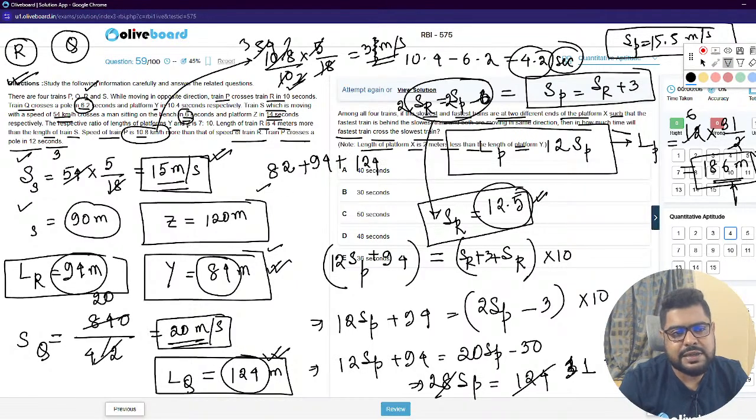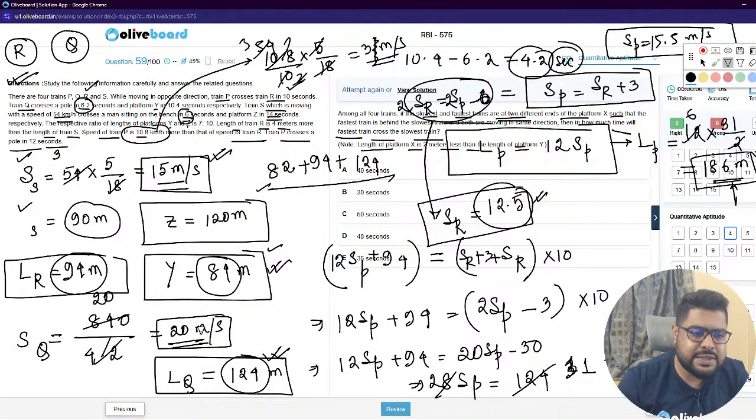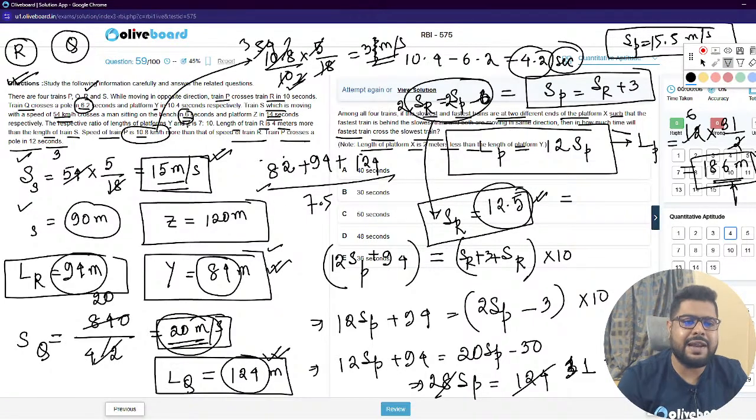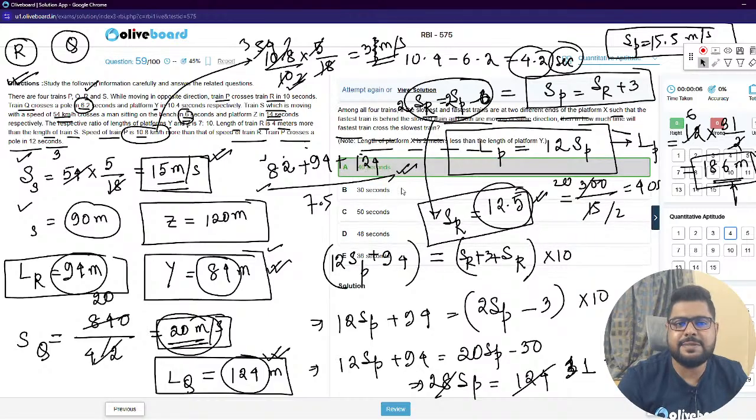This is the total distance, and for the same direction the relative speed will be the difference: 20 minus 12.5, which is 7.5. Let me calculate a bit. 94 plus 124 is 218, and adding 82 gives 300. 300 by 7.5 means 3000 by 75, which is 40 seconds. 40 seconds is option A, sir.